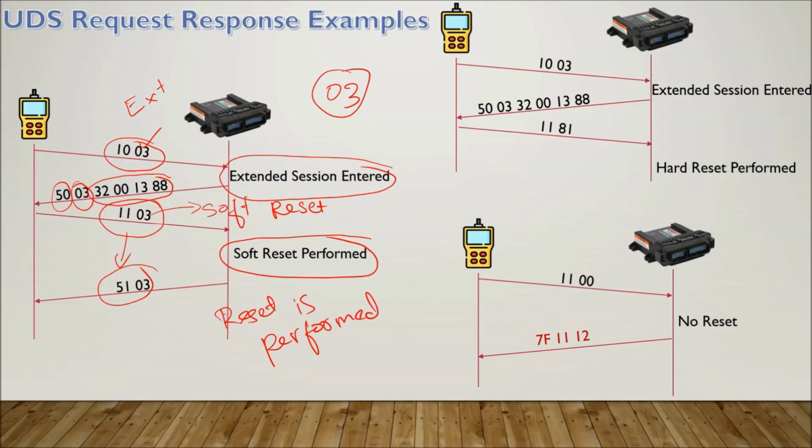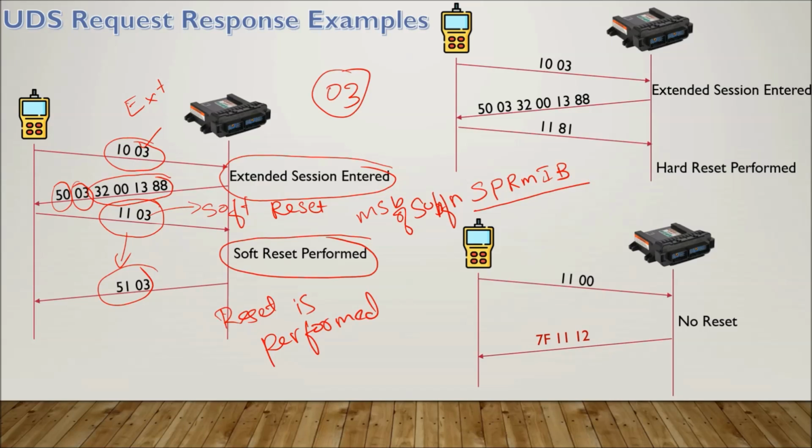Similarly, you already know that in the subfunction, the MSB of the subfunction is for the suppress positive response message indication bit, SPRMIB.